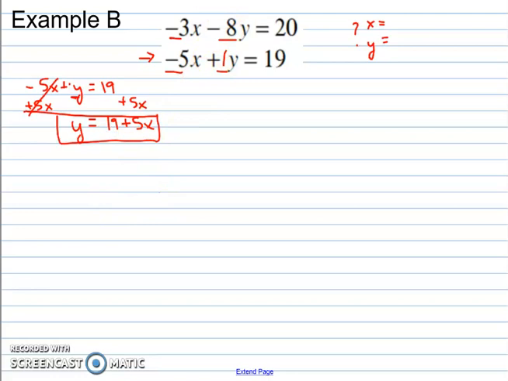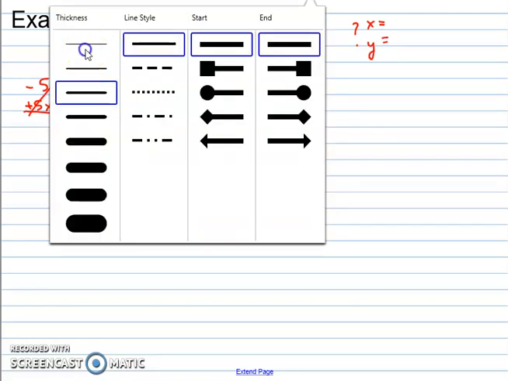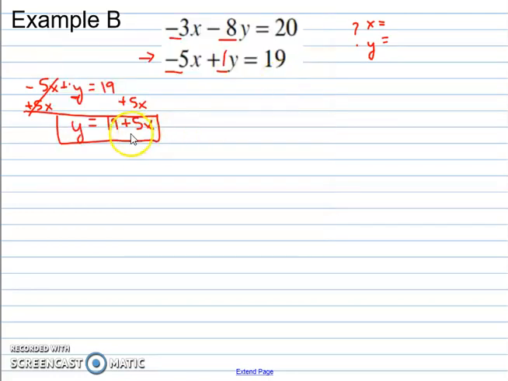We're going to substitute it into the other equation. I'm going to switch up my colors just to keep this organized. These are equal amounts, so y and 19 plus 5x are the same. They are equal to each other. Okay, so I'm going to use the other equation now. Negative 3x minus 8y equals 20.